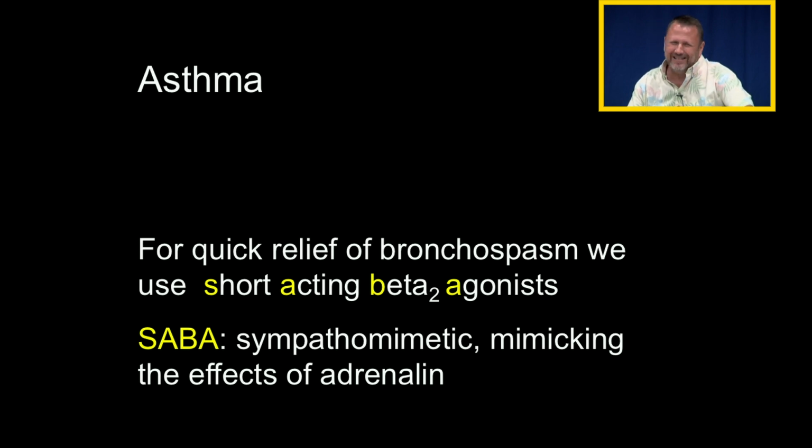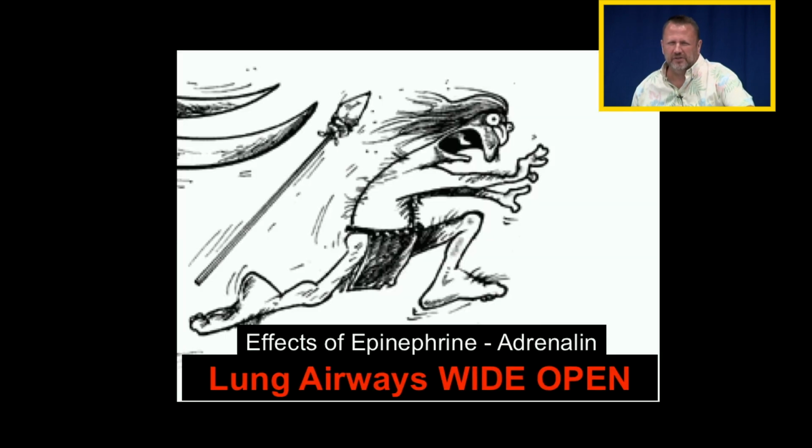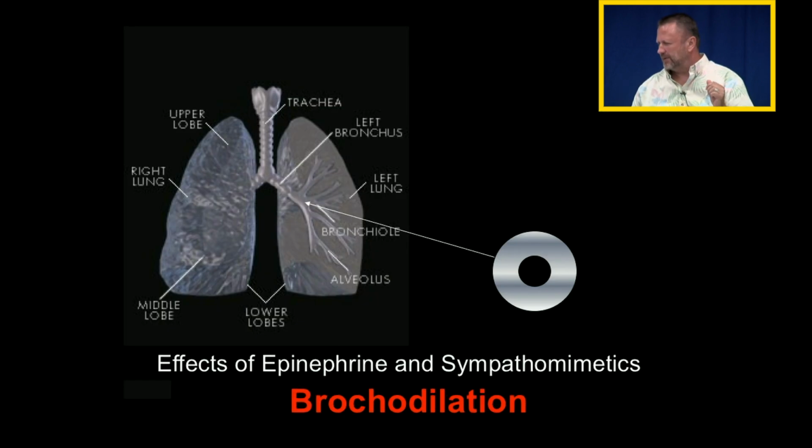All right, so the short-acting beta agonists are sympathomimetic. They mimic the effects of adrenaline, and we talked about that in the autonomic nervous system. And if you remember, epinephrine, adrenaline, and any sympathomimetic drug that affects beta-2 receptors in the airways is going to open them up. All right? So epinephrine and the sympathomimetics are bronchodilators.